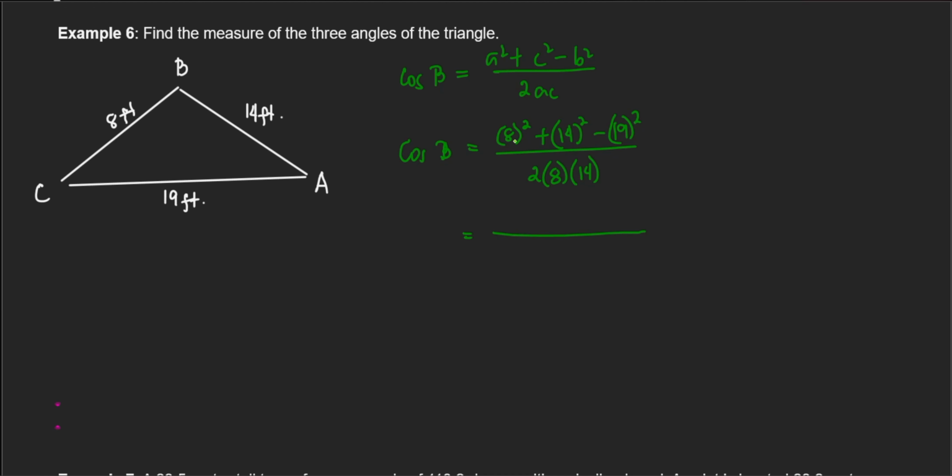So, 8 squared, we have 64, plus 14 squared, that is 196, minus 19 squared, that is equivalent to 361.